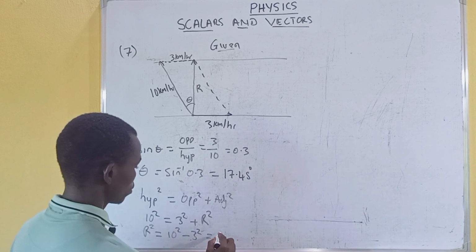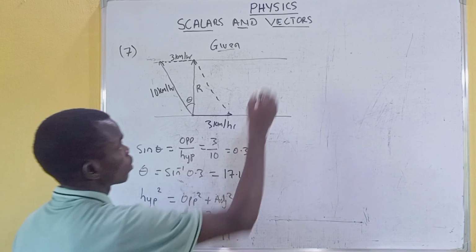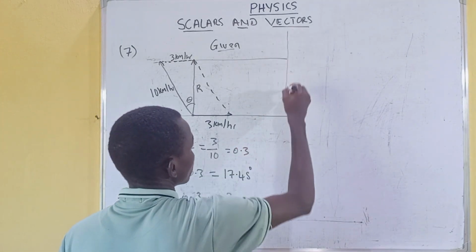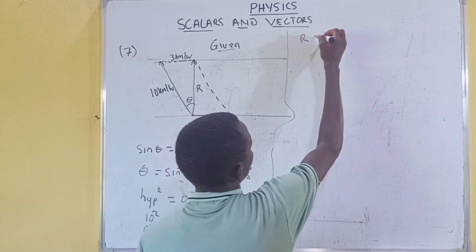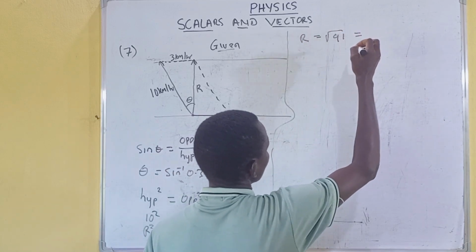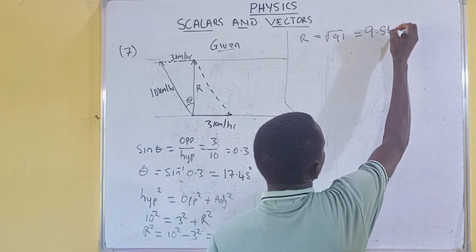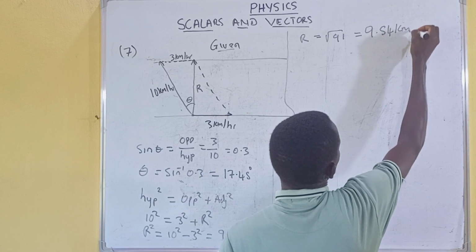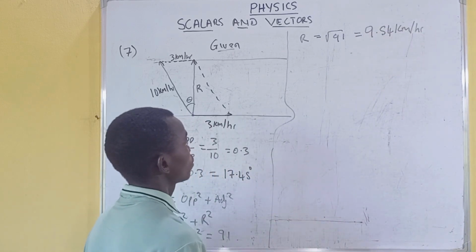This will give you 91. So to find our resultant, it will be equal to root 91, which is equal to 9.54 kilometer per hour. Here is our horizontal vector.